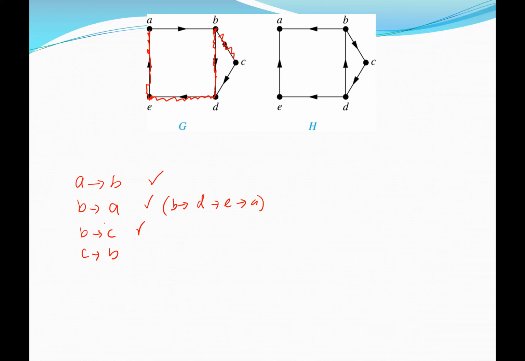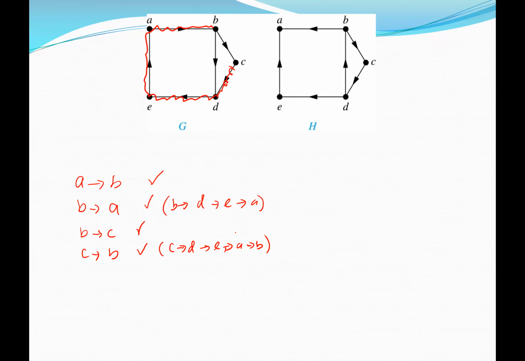So C to B, I cannot go back directly, but I can go from C to D to E to A and then to B. Okay, C, D, E, A, and B. So yes, I can go from C to D to E to A and then B. It doesn't have to be a direct relationship, but I can go through different vertices and still get back to B. So that's the idea of a strongly connected graph. All right.